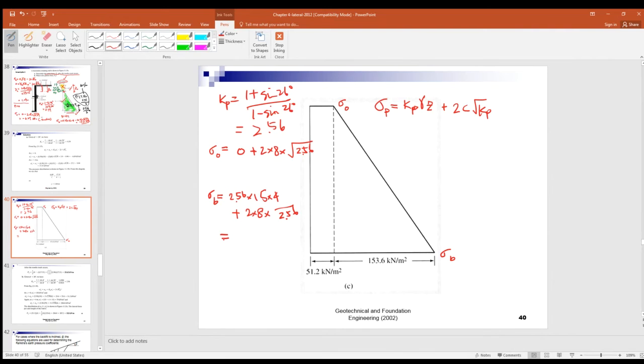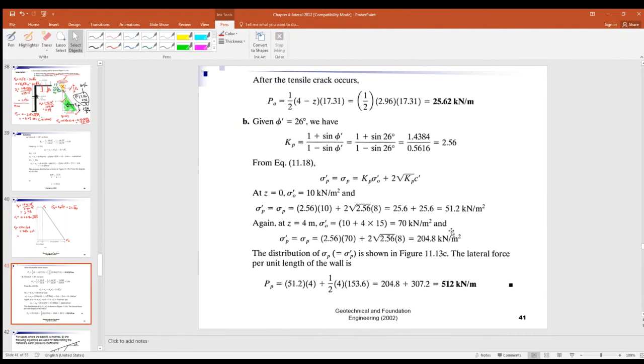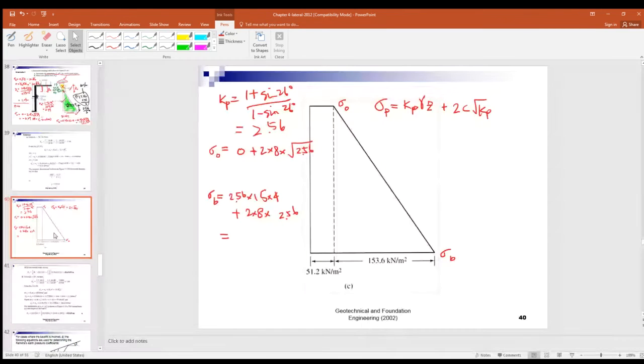Now that will give you what? 204.8, right? 204.8 kPa.